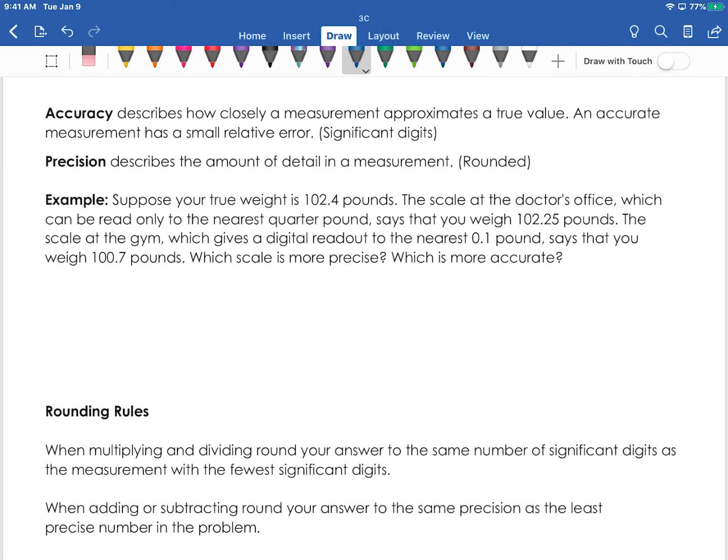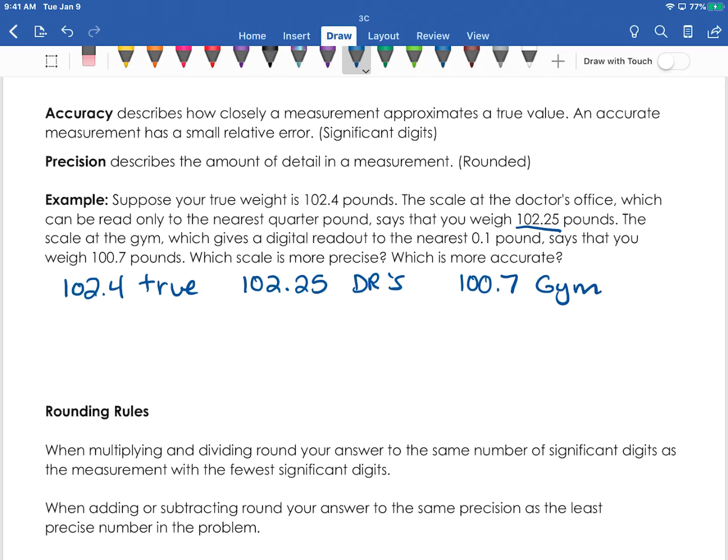Let's write this down: 102.4 is your true weight, 102.25 is the scale at the doctor's office, and 100.7 is the scale at the gym.